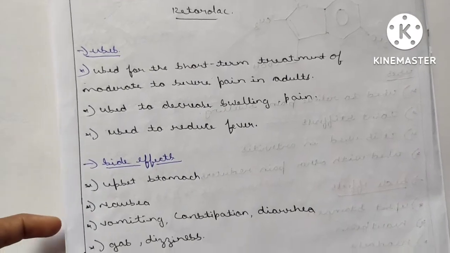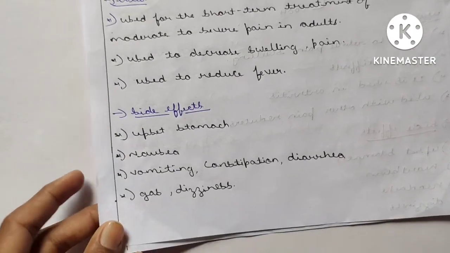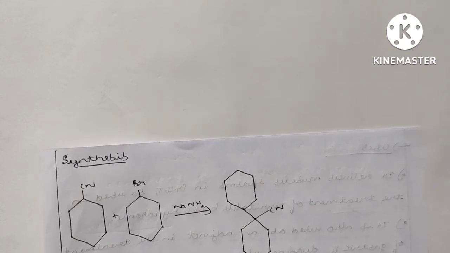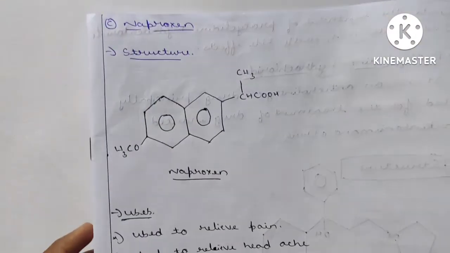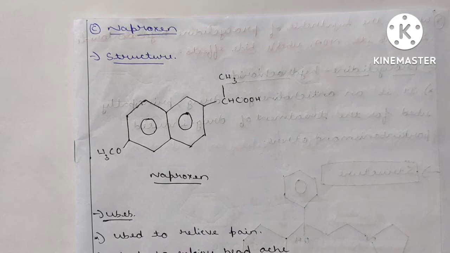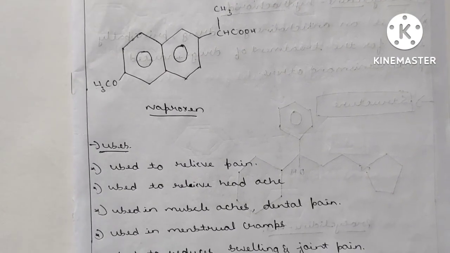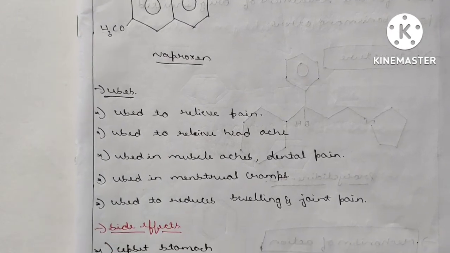Side effects: upset stomach, nausea, vomiting, constipation, diarrhea, gas, dizziness. For most of the questions, the side effects are the same here, maximum same side effects. Our next, the last one, C, is naproxen. It is also an NSAID used to relieve pain, headache, arthritis, dental pain, menstrual cramps, swelling and joint pain.